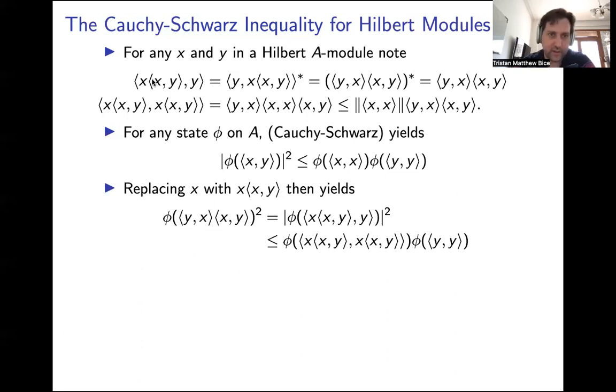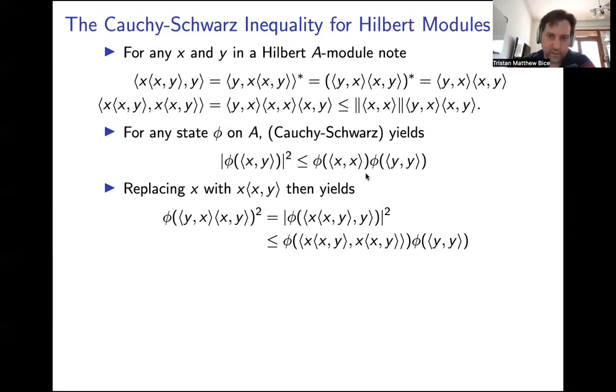By this first calculation we did here, this y*x*xy is exactly the same as phi of x*xy, right? And so this is the same as this. And we know that y*x*xy is a positive operator. So phi of that positive operator is a positive number. So in fact, the magnitude thing here is actually a bit superfluous. But we can put it in if we want, just to get it into this form.